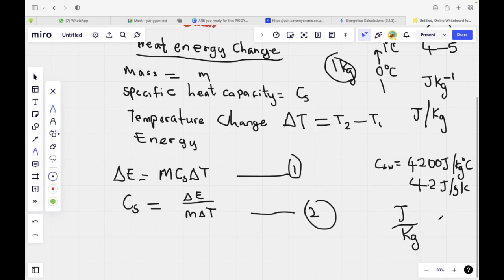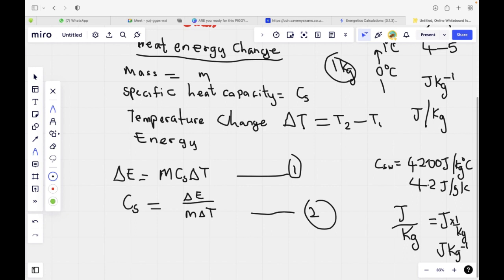In indices, joule is in the numerator, so it's like you say J times 1 all over kilogram. And 1 all over kilogram is kilogram raised to power minus 1, you know, right? So that's why it's mathematically correct to write joule kilogram raised to power minus 1. Is that okay? Now let's quickly move on.